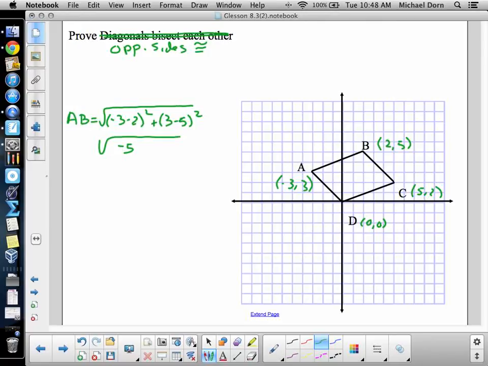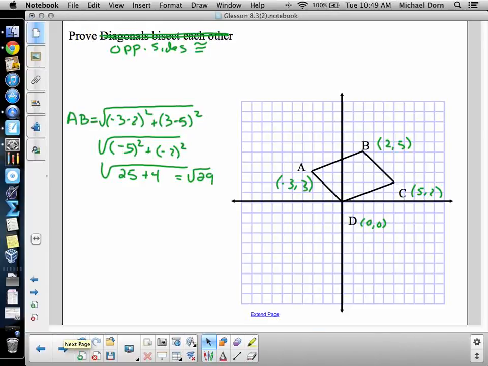So it's negative 5 squared plus negative 2 squared. What's negative 5 squared? Positive 25. Negative 2 squared is positive 4, so that's the square root of 29. That's AB. Now maybe go on to BC.